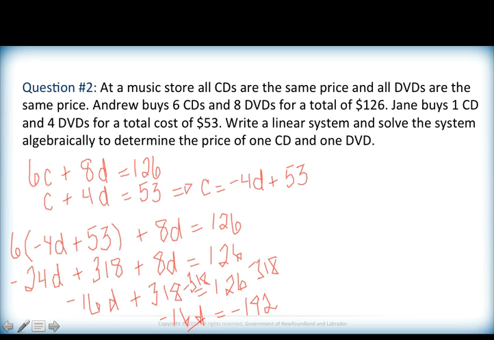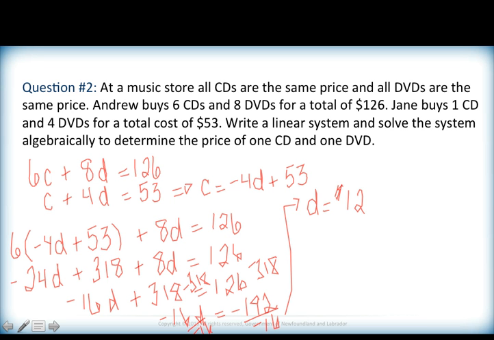We're going to divide by negative 16 on both sides. And our answer for our DVDs will be $12, since we're looking for the cost.